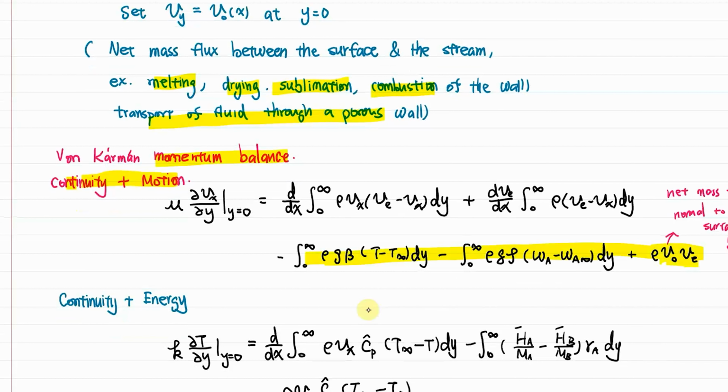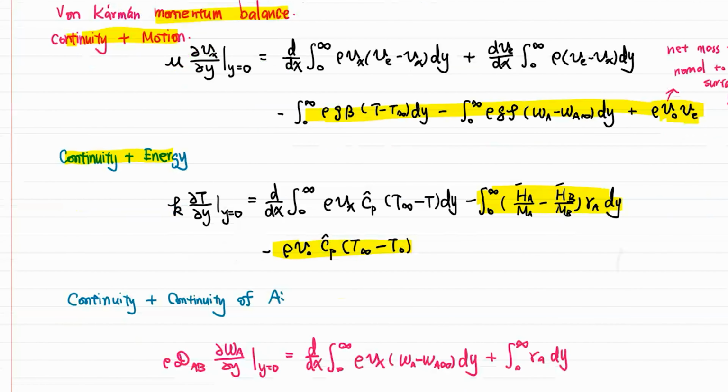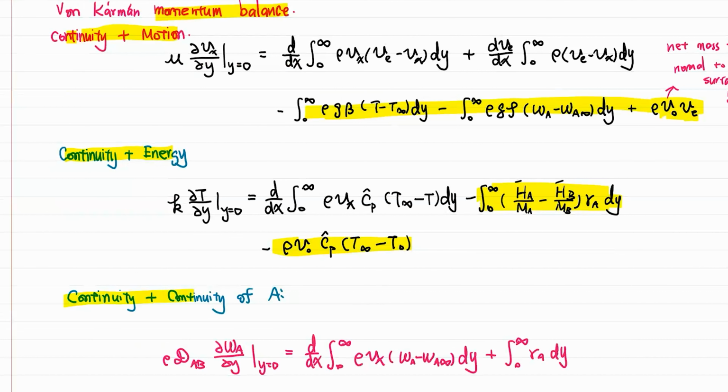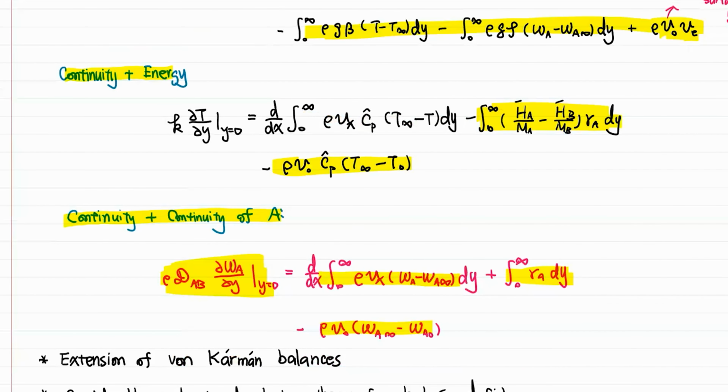Again, for the energy balance, we have additional terms for chemical reaction or chemical heat source, and an additional term coming out from the surface. If there's a mass flux, there's typically an energy flux associated with the mass flux, right? And then finally, we have the continuity of A. So we have the net mass flux coming out from the surface, or the diffusional flux, equal to the first two terms, the reaction term, and the term coming out from the surface. So let's call this the interfacial term.